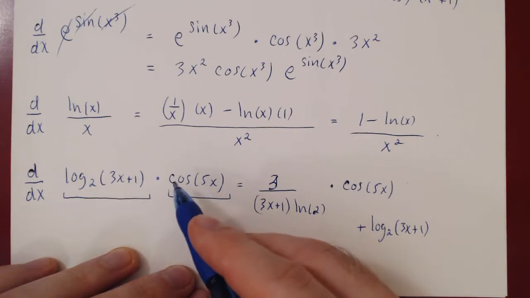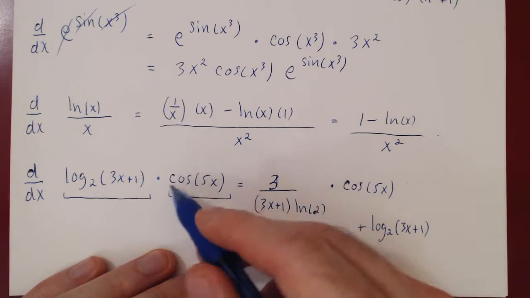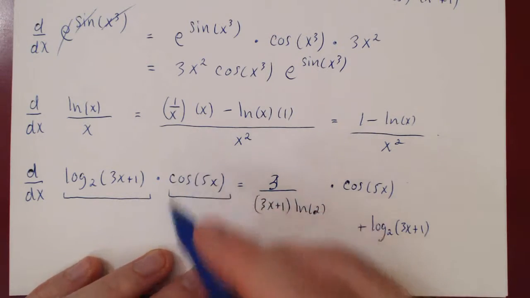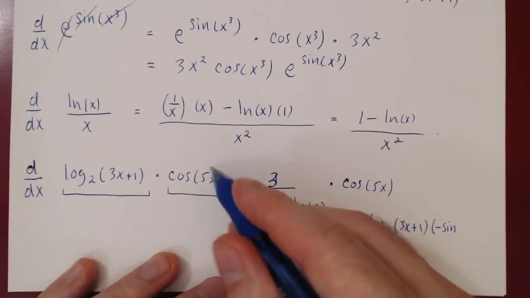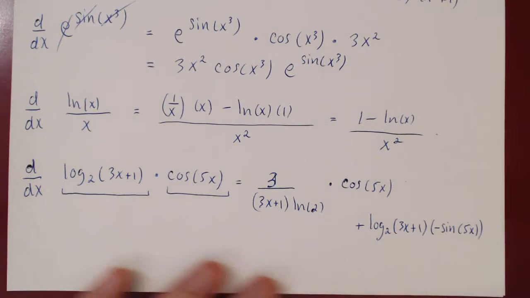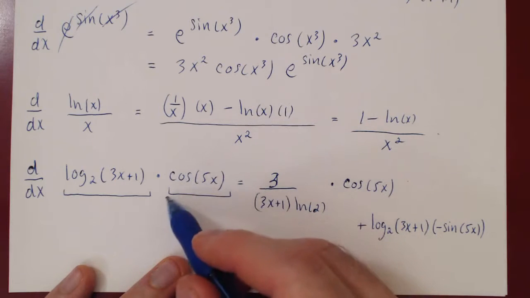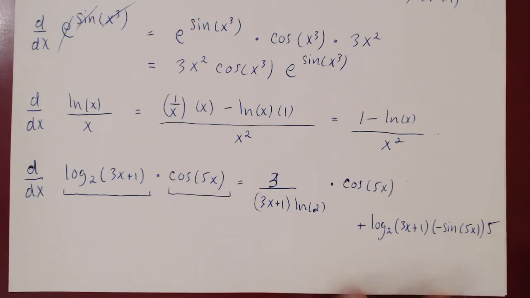Once again, we have a composition, cosine of 5x. We differentiate the outside function. The derivative of cos is negative sine, so times negative sine of 5x. But that's just the derivative of cosine times the derivative of the inside, which is 5. And there you have it.